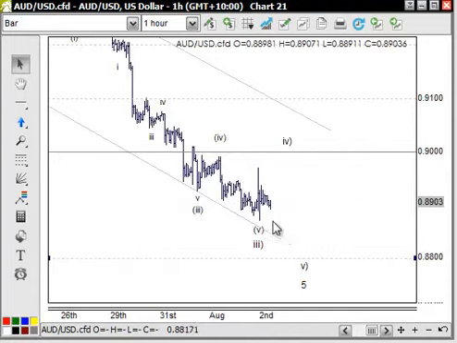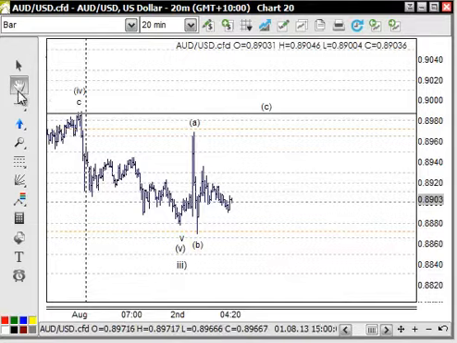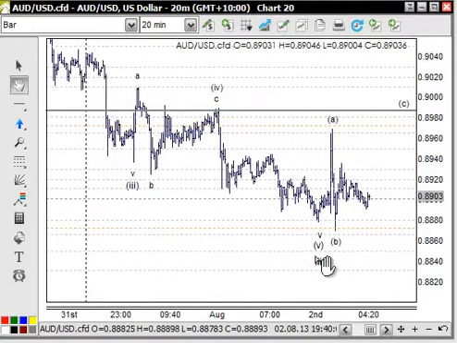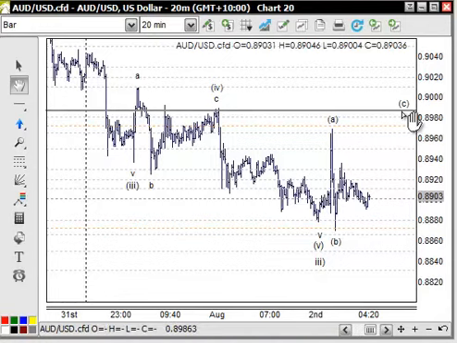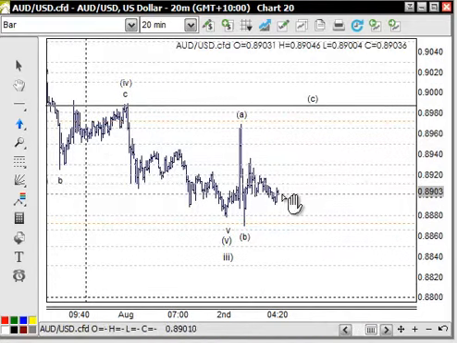But still looking, after we get some sort of bounce here, it's a bit hard to read when the market does that sort of sharp bounce. But the way that I was going to count it was the wave 3 low here, and then the A, the B, and the C wave back up here for wave 4. As I just mentioned, it would need to stay above the 89 for that to be the case.